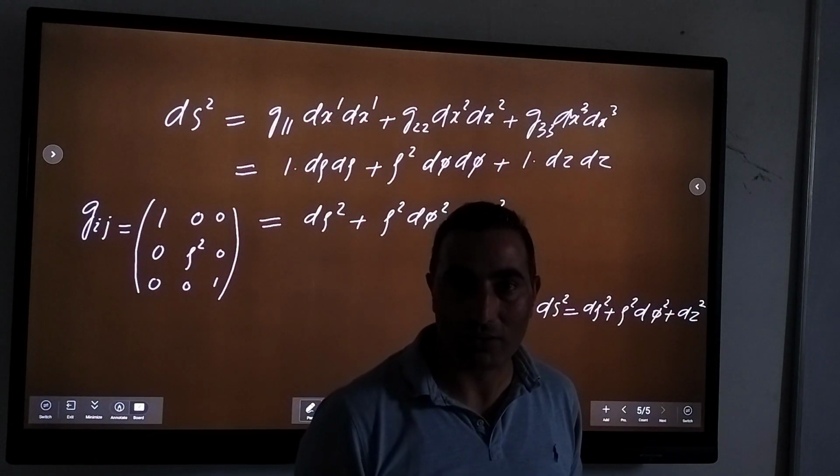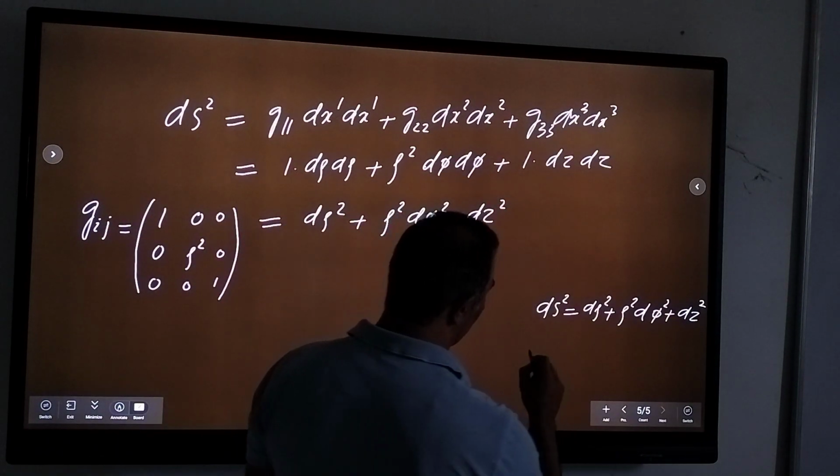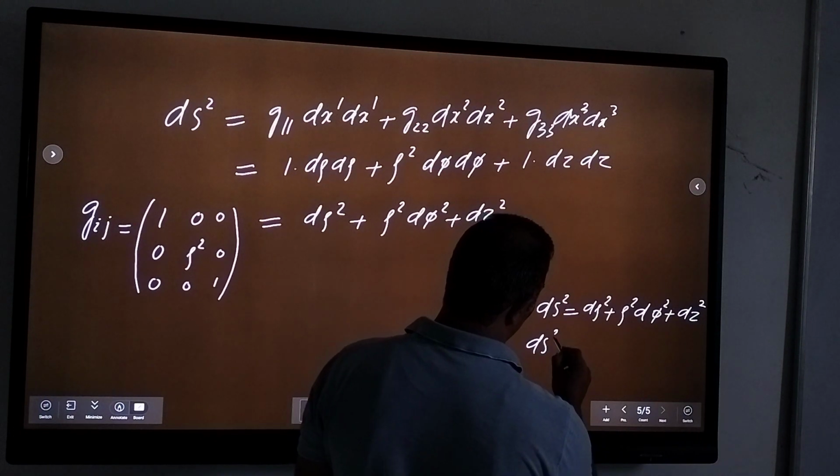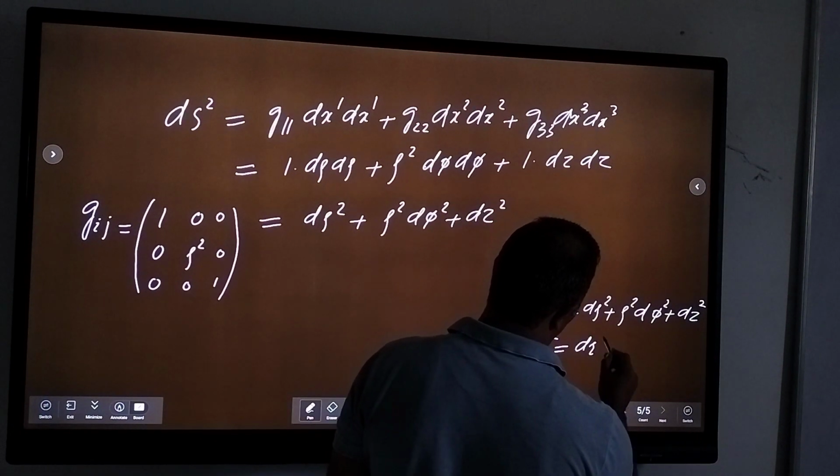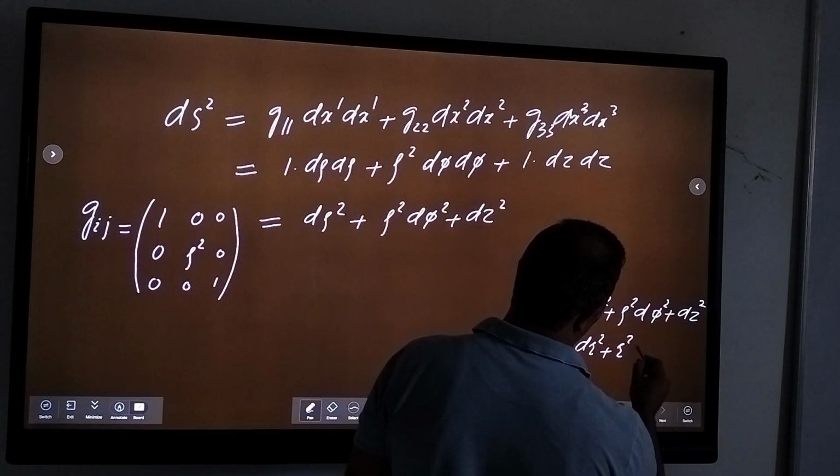And similarly, if you write for cylindrical coordinates, so cylindrical coordinates में हमारा ds square क्या होना चाहिए? So that is dr square plus r square.